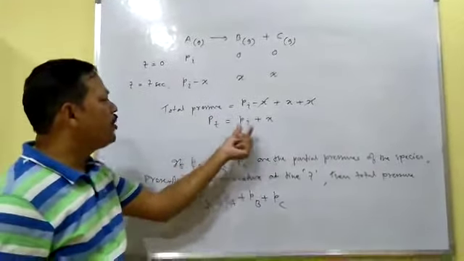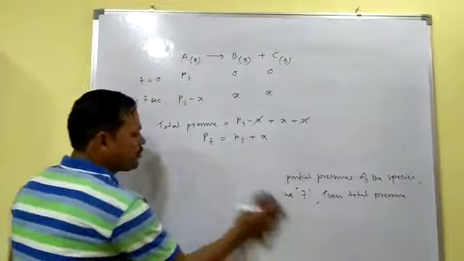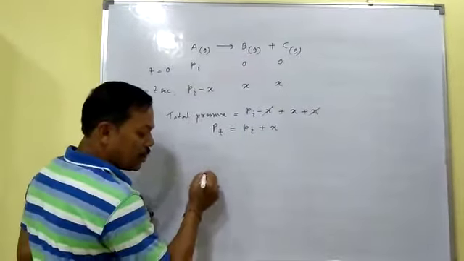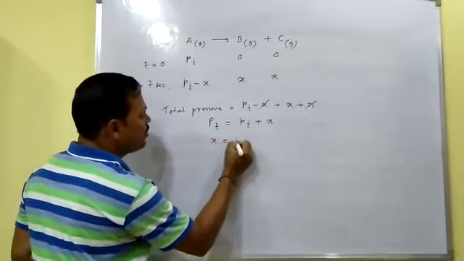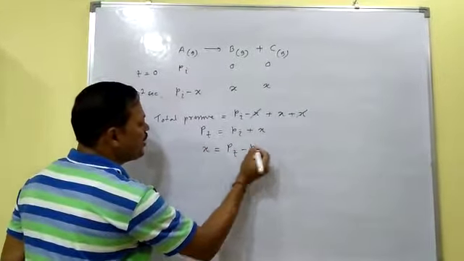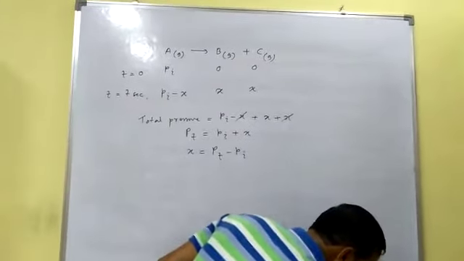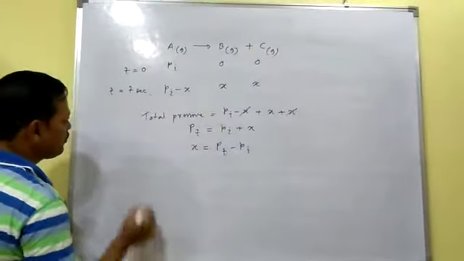So the total pressure will be Pi plus X. Or you can write X is equal to Pt minus Pi. This is about X.